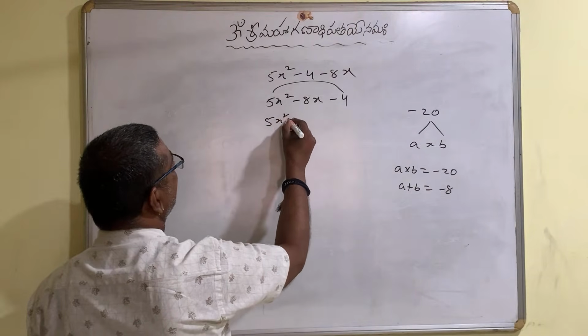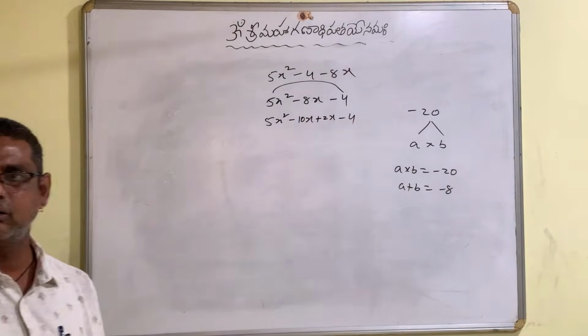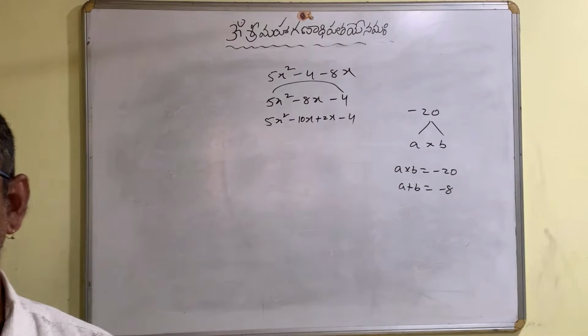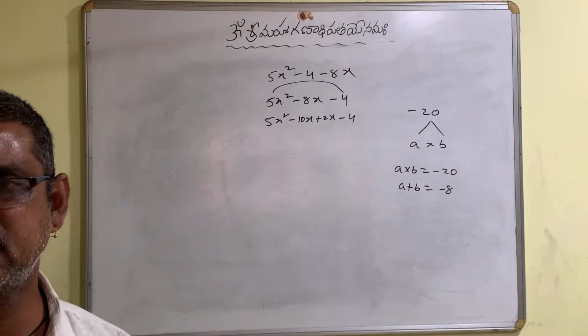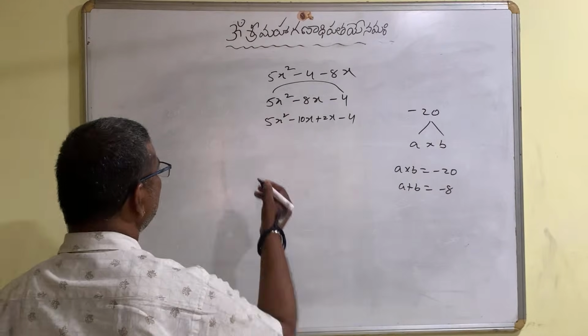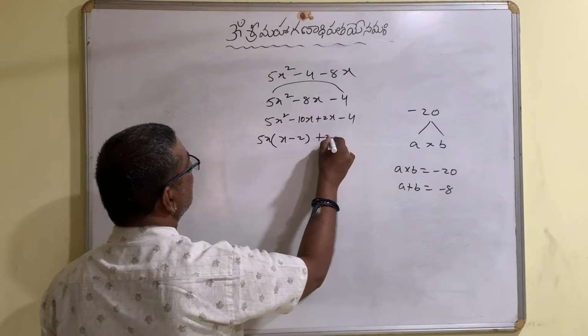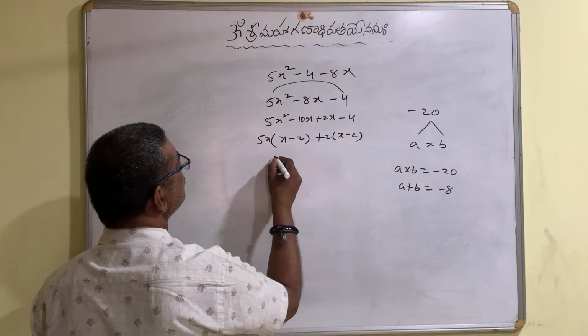5x square minus 10x plus 2x minus 4. You can take 5x common: x minus 2, plus 2 common: x minus 2.